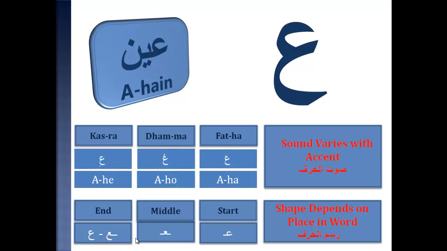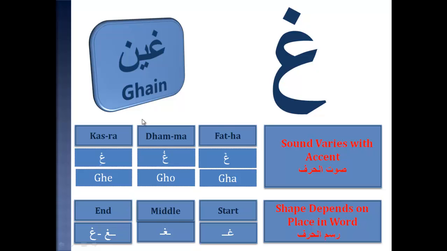Notice here, if the letter is connected before it, the top part is completed, the circle is completed, and the shape is filled, as you see here in the middle and at the end if it is connected to the letter before it.